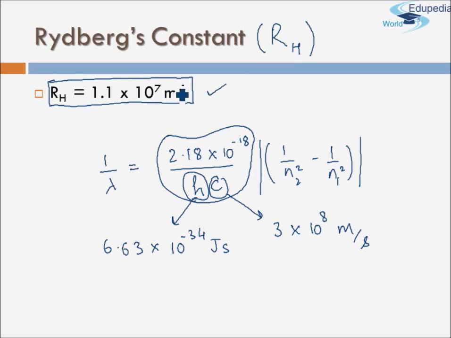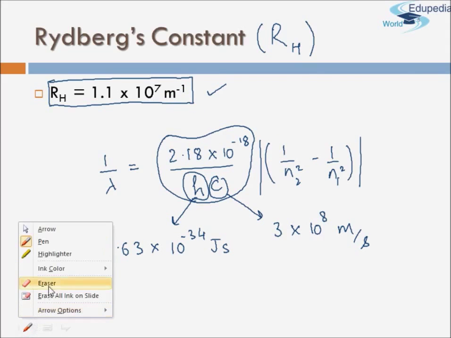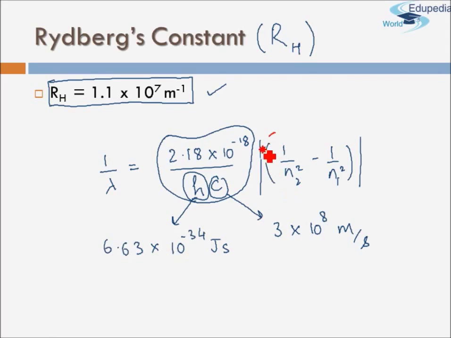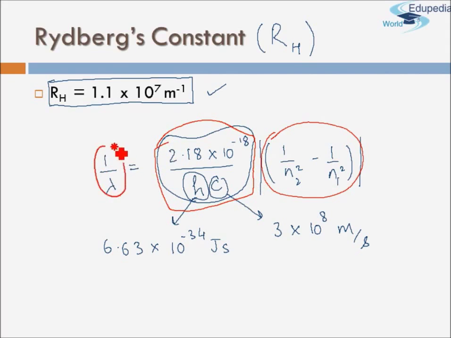And look at the unit of the Rydberg's constant. Why is it meter inverse? This whole part, 1 by n2 square minus 1 by n1 square, is dimensionless. So whatever is the dimension of this constant, the Rydberg's constant, is going to be equal to the dimension of the left hand side. What is the dimension of the left hand side? It is 1 by meter, that is meter inverse.